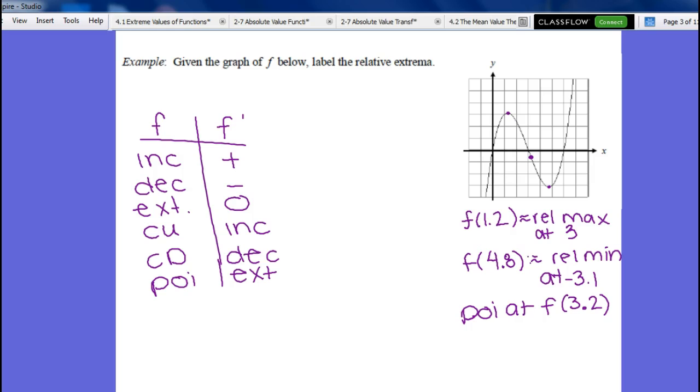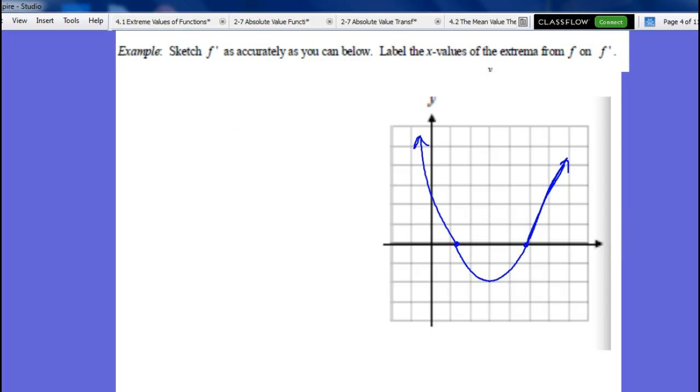So hopefully your graph looked relatively something like this. Here's my min at 3.2. Here's my zeros at 2 and 4.8. Or 1.2 rather, sorry.